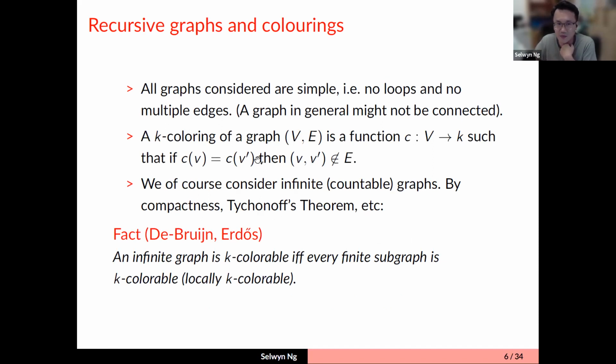There's some related work on the coloring of edges, which I'll just talk about briefly, but we will just look at coloring of vertices. And of course, we consider infinite graphs, and by the usual compactness argument, you can show that an infinite graph is K-colorable if and only if every finite subgraph is K-colorable, and this version we call locally K-colorable.